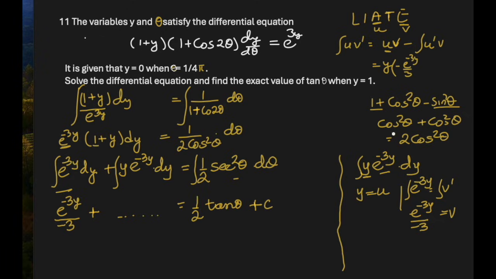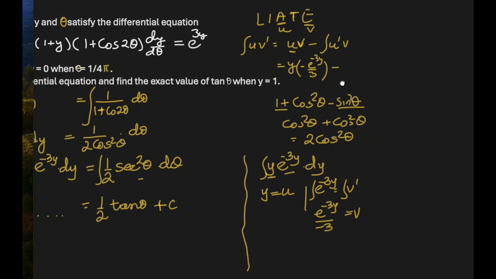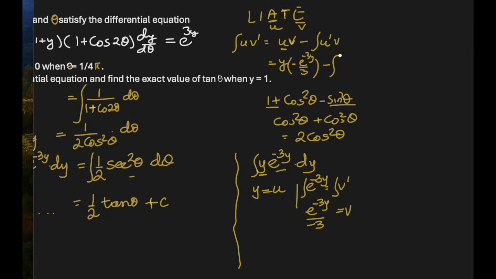So I've given that negative, which was in the denominator, up there, minus integration of u prime. U is y, u prime will be the differentiation of y, which is 1, isn't it? That was the reason we took it as u. So 1. I'm talking about differentiation with respect to y only, okay? V, we just got it, e to the power minus 3y over minus 3.